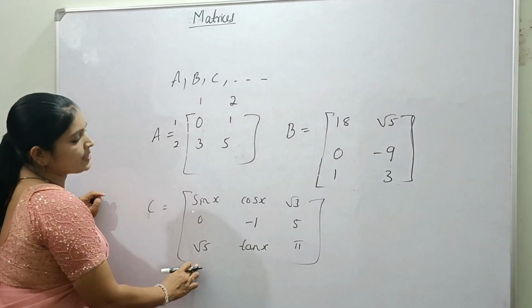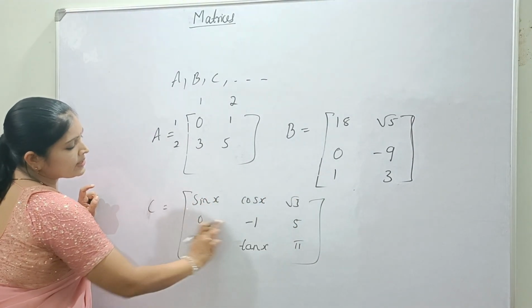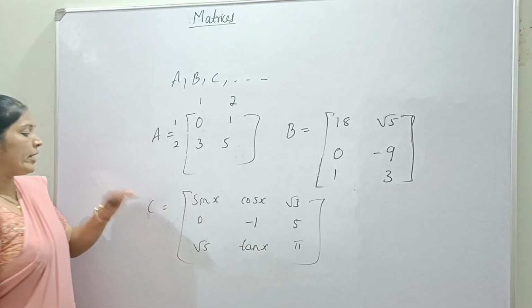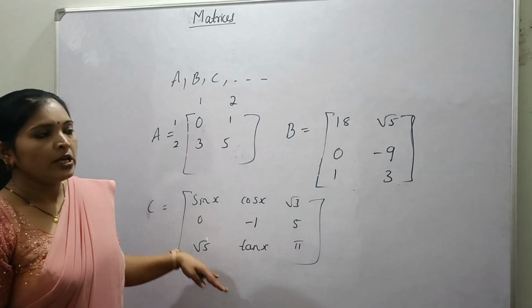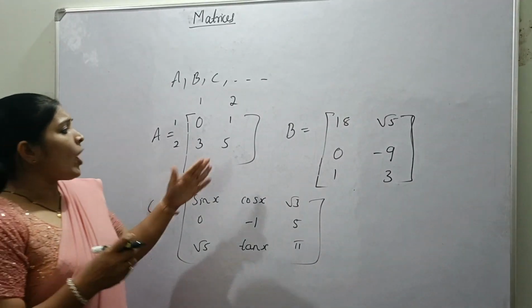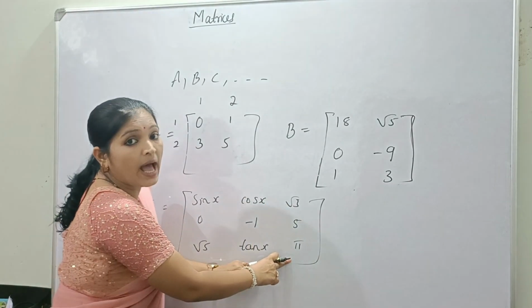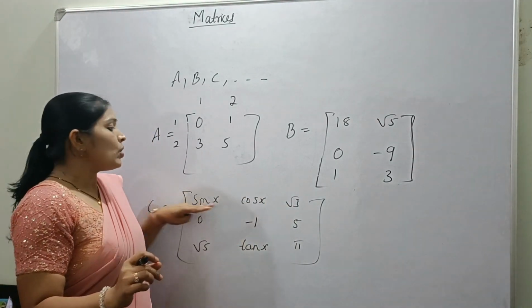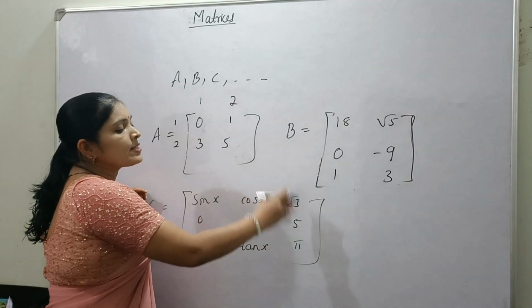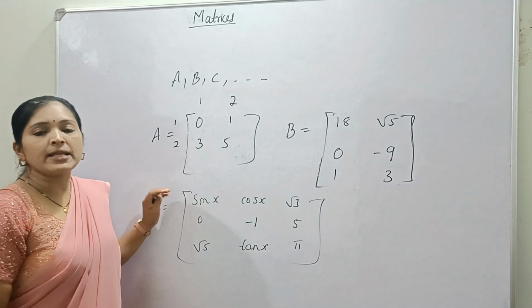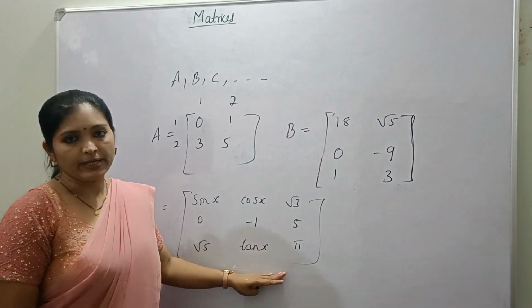So here a horizontal line of elements is said to constitute a row of the matrix, and a vertical line of elements is said to constitute a column of the matrix.